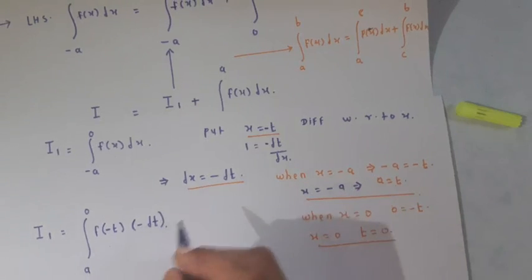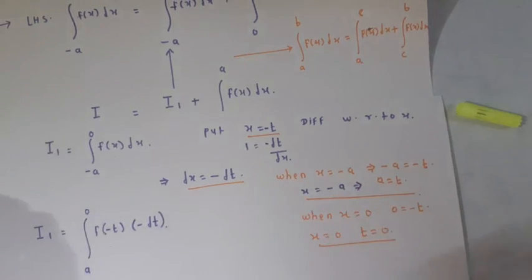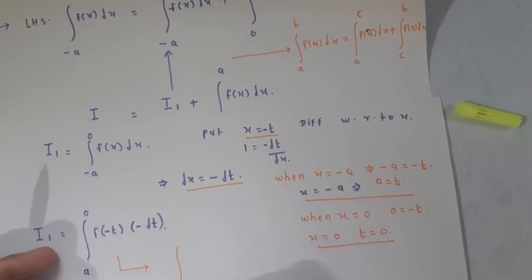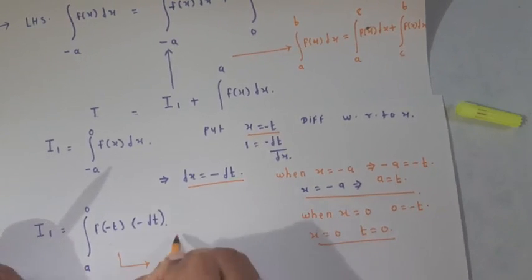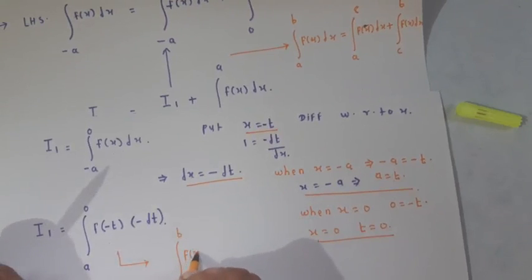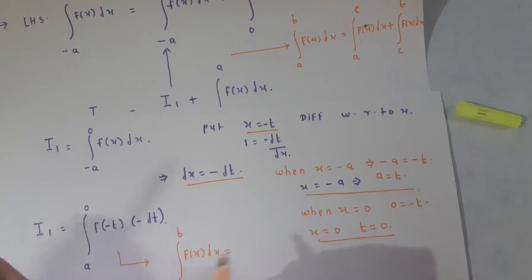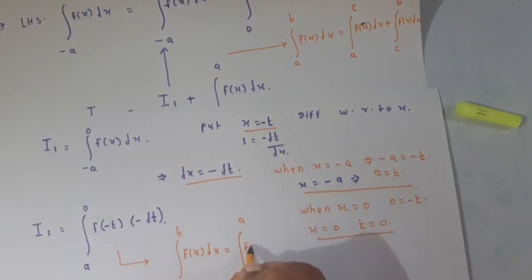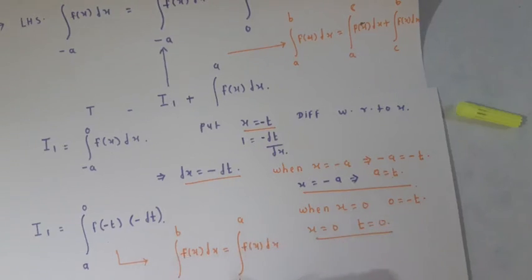Now by using the property that integration a to b of f of x with respect to x equals b to a of f of x dx, but after interchanging the upper limit and lower limit, the sign of integration changes, that is a negative sign.